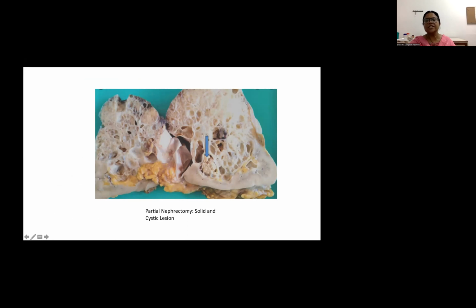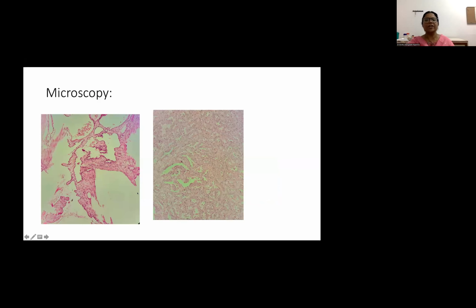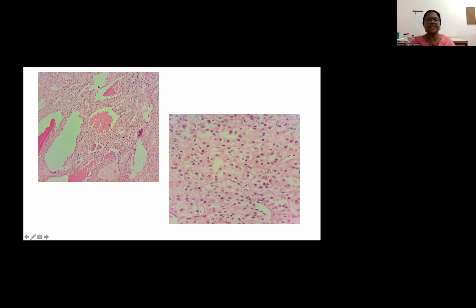explained in the radiology. This is again a tumor which is having both cystic and solid areas. The microscopy sections were taken, and this is the microscopy again depicting the gross. These are the cystic areas. In between, you're seeing some solid areas. This is the closer view from the solid area, and this is again cystic and solid.